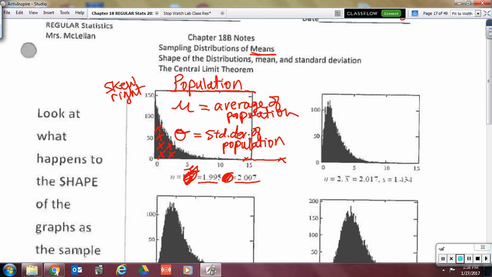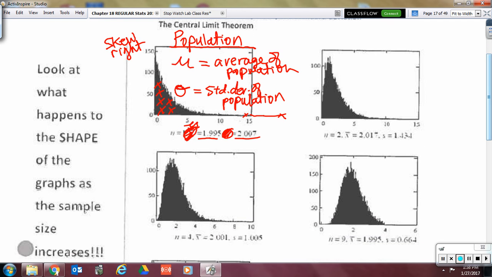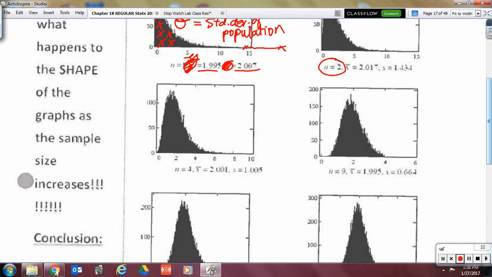Okay, so let me talk to you about what all the rest of these are. This here says n is 2. This one says n is 4. This one says n is 9. What does that mean when they give you these different n numbers? Yes, those are sizes of samples.